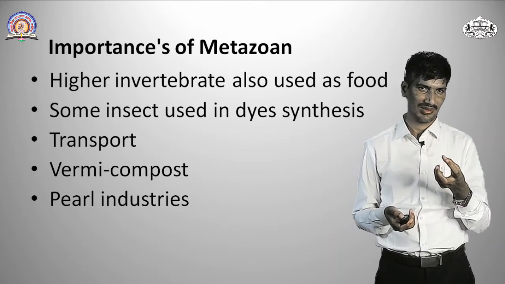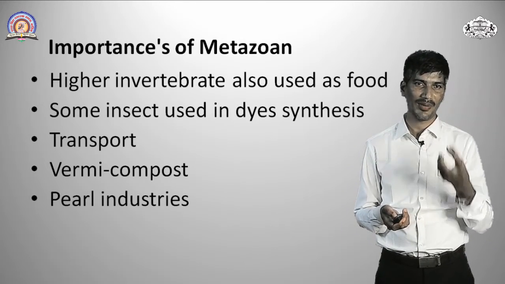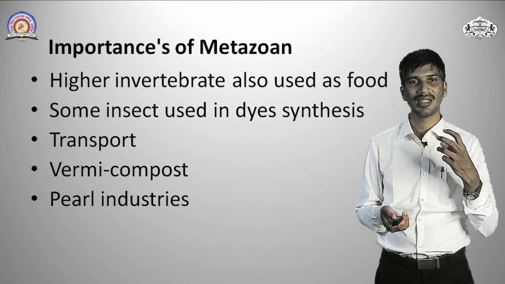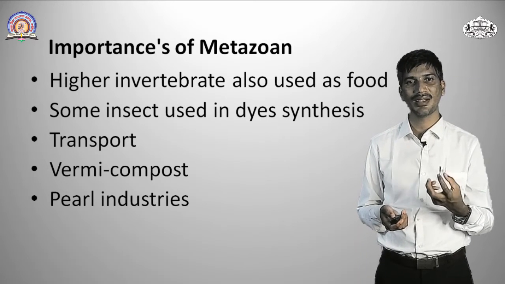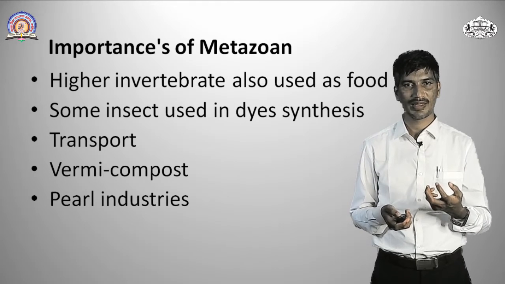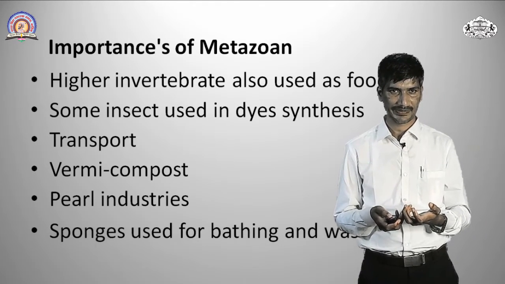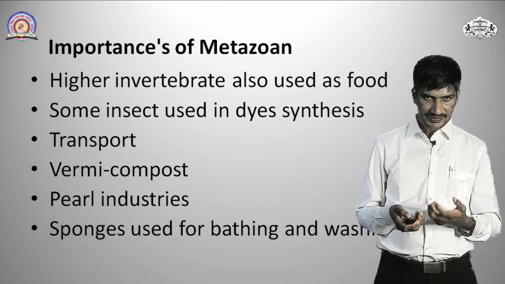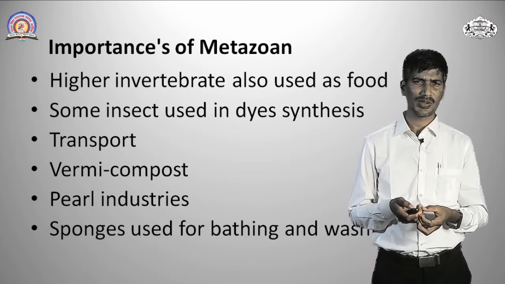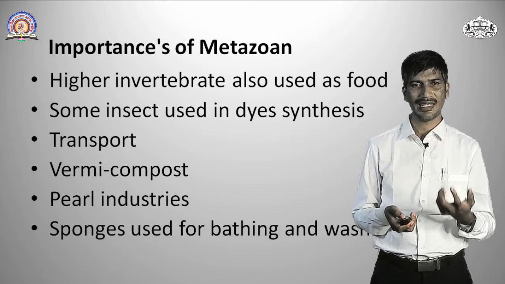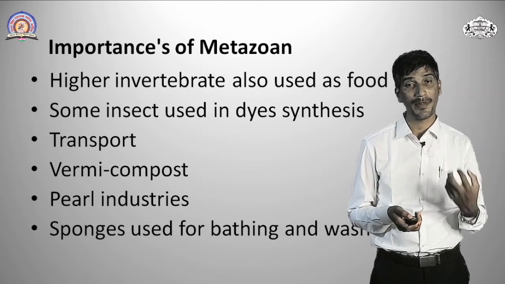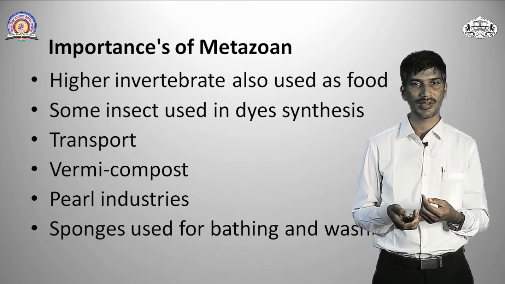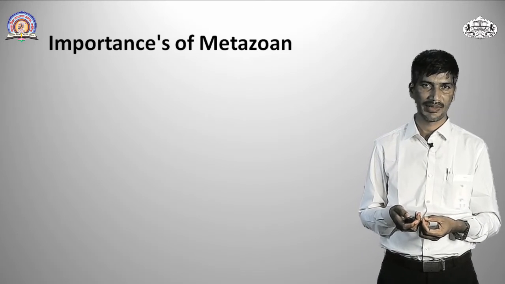These organisms have the ability to synthesize lustrous pearls, and these pearls have ornamental value to human society. The sponges, this is a very, very important point to the environment, as sponges are used in bathing and washing. They are very important to human society.